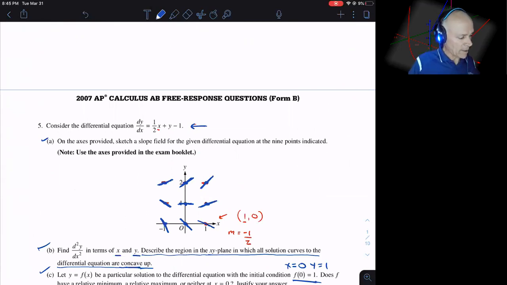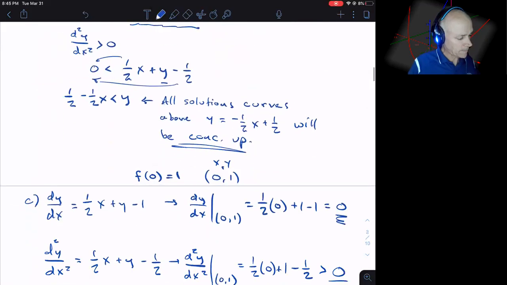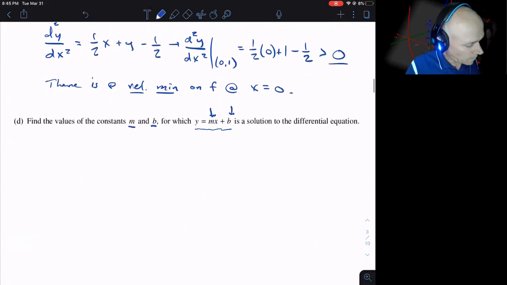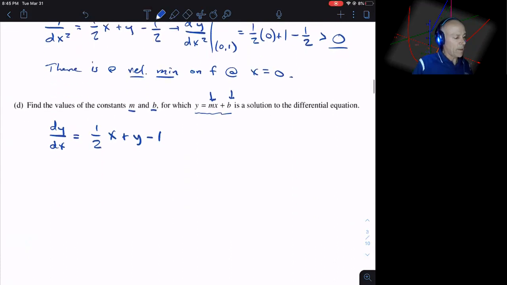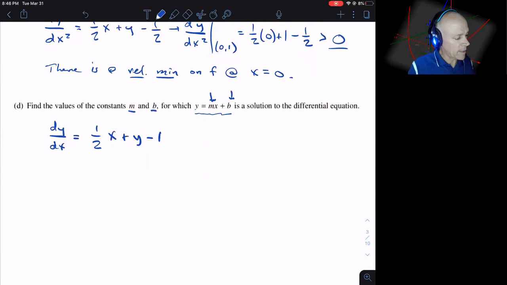But what I can do is this. I'm going to copy my differential equation: dy/dx is equal to, I got it right above there, 1/2 x plus y minus 1. I'm going to make a couple of substitutions. I know that dy/dx is going to have to be my slope.